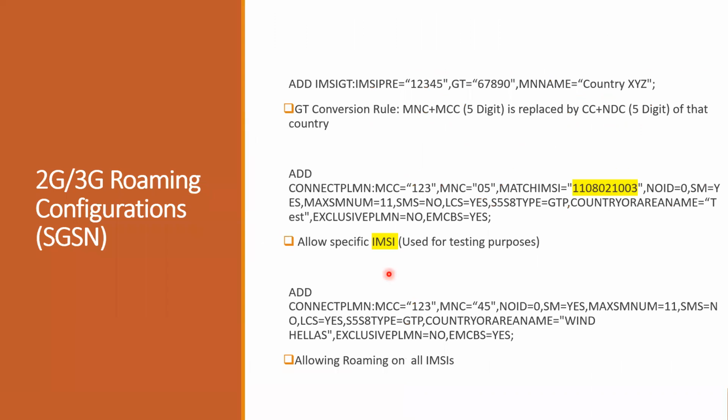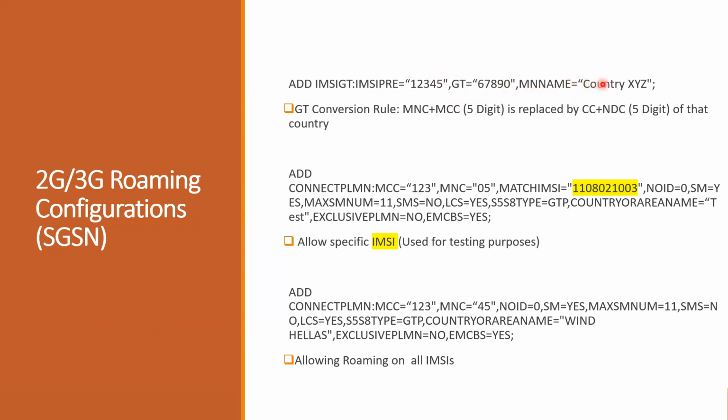Okay, so when we look into the configurations for 2G, 3G, these configurations are done on the SDSN, and from a Huawei node perspective, the first command that you need to configure is ADD IMSI-GT, where you specify the prefix of an IMSI, and then you specify the GT, and then you can have an optional code mentioning which specific country this IMSI conversion rule is for.